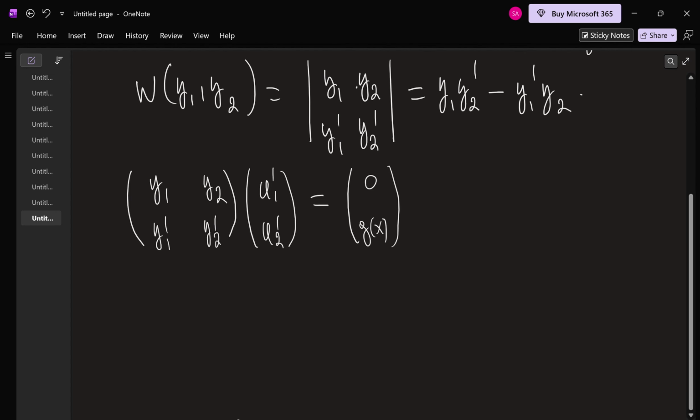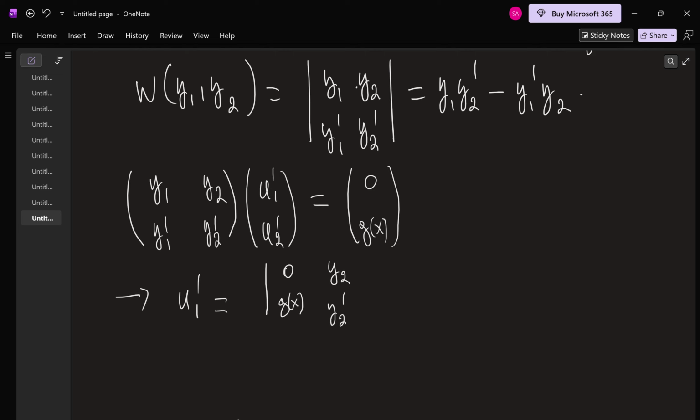For the first variable, u1 prime is equal to the determinant where we replace the first column with 0 and g of x, and we leave the second as is, y2 prime, over the determinant of our matrix, y1 y2, y1 prime y2 prime.